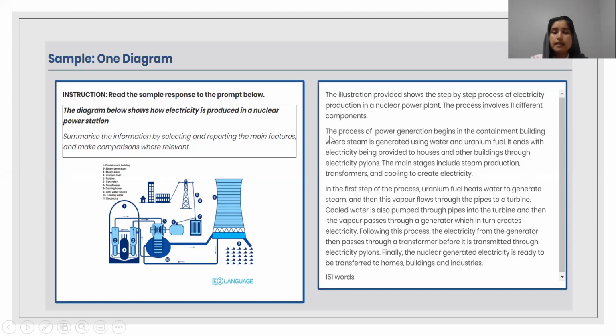For example, here it says, the process of power generation begins in the containment building. And also here, we say in the first step of the process, uranium fuel heats water to generate steam. And then the vapor flows. The tense is simple present, and mostly the passive form is used.